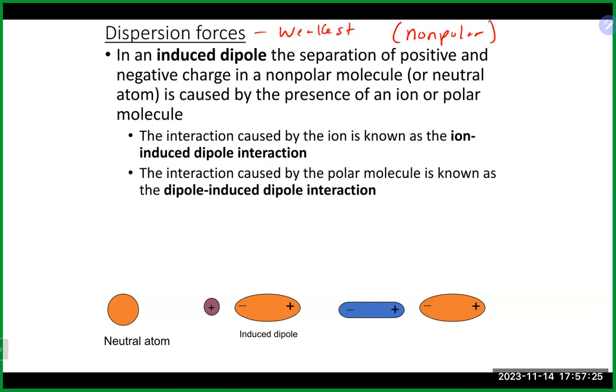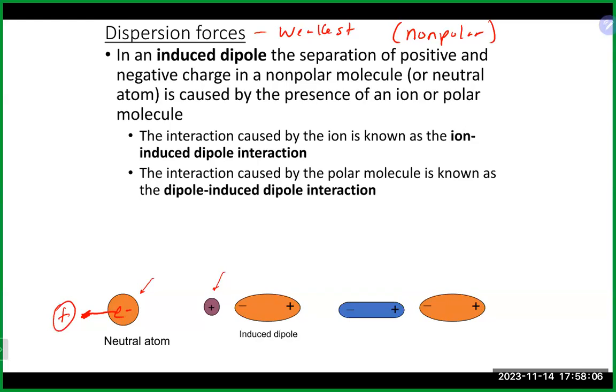One way you can have that occur is through what is referred to as an induced dipole. An induced dipole is the separation of charge in a nonpolar molecule that's caused by something that has a charge. Take an ion-induced dipole interaction, for example. If you have a neutral, nonpolar molecule and you throw a positive ion near it, temporarily the electrons are going to head towards that positive ion because they're attracted to it.